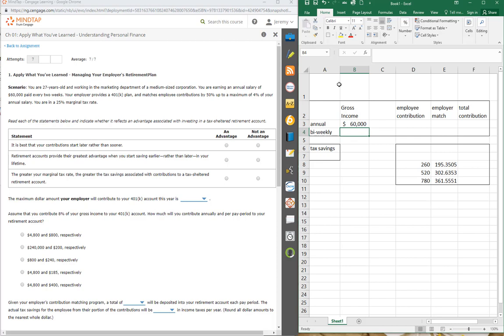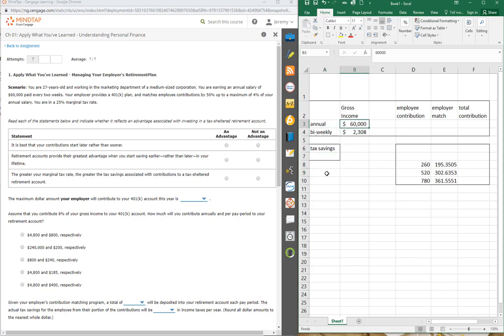And so to figure out what my gross pay per pay period would be, I just take that $60,000 and divide that by 26. I know to calculate it by 26 because if I assume that there are 52 weeks in a year, I divide that by 2, that's going to give me 26. So there'll be 26 pay periods during the year.